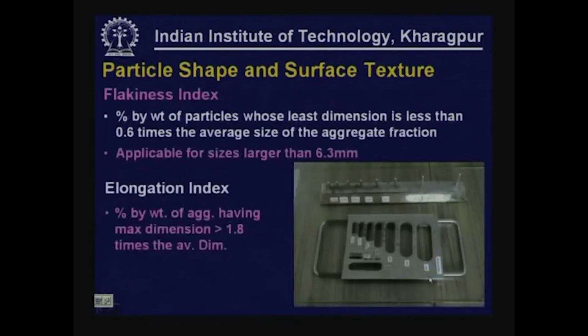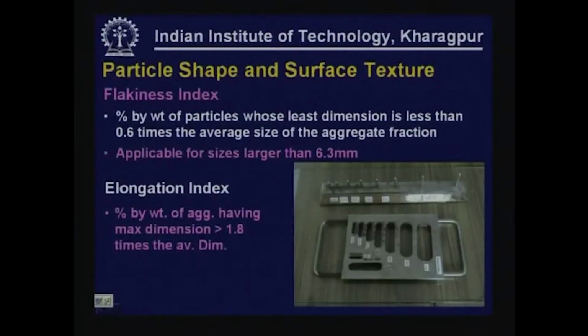There is another set of terms that we normally use, flakiness index and elongation index. This is what we adopt in India. Flakiness index is the percentage by weight of particles whose least dimension is less than 0.6 times the average size of the aggregate fraction. If you consider an aggregate fraction, let us say 13.2 to 9 millimeter, we know the average size, and we are talking about particles whose least dimension is less than 0.6 times the average size.